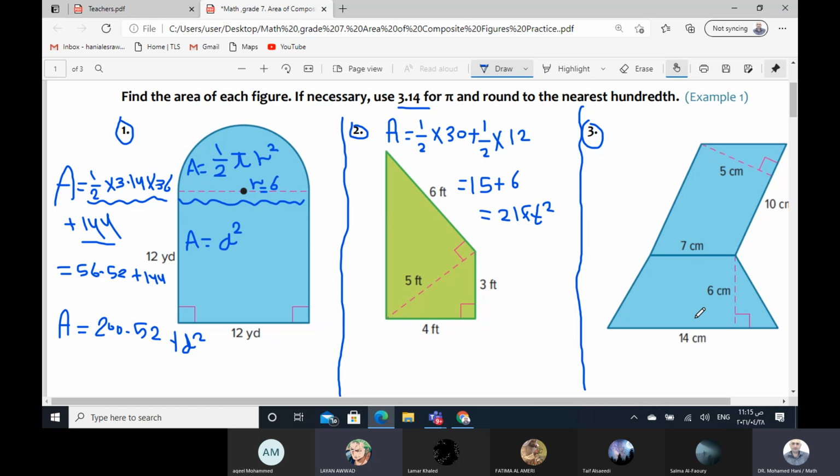We have a rule: base 1 plus base 2 divide by 2, then multiply by the height.